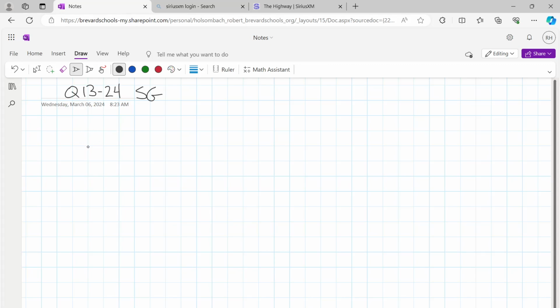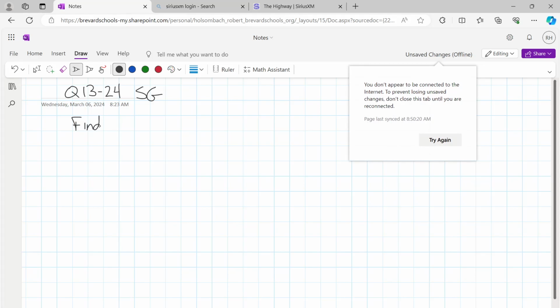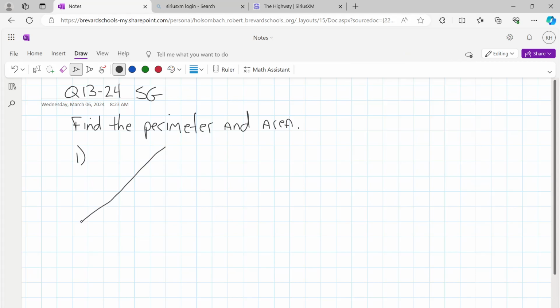Problem number 1. For these first 8 problems, you're asked to find the perimeter and area. In problem number 1, you have a triangle.